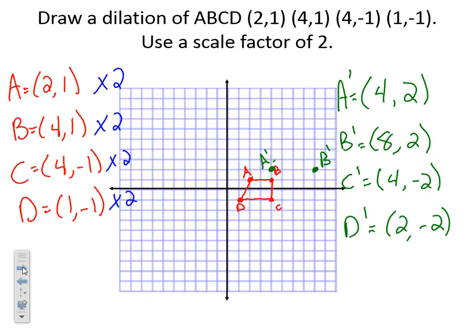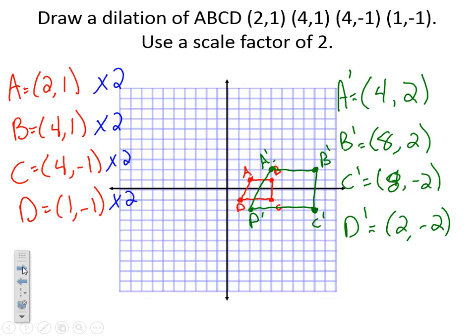C prime should be 8, negative 2. Negative 2. There's C prime. And D prime is going to be, oops, sorry about the bell, you guys. D prime is going to be 2, negative 2. Here we go. We're going to extend this out. Here is our new shape. It is twice as large as our original shape.